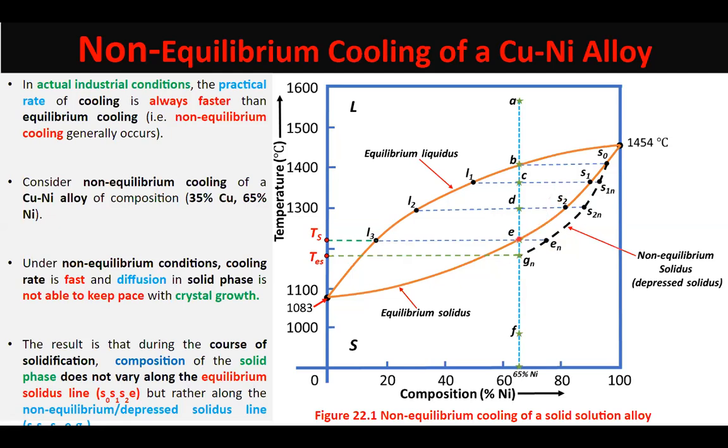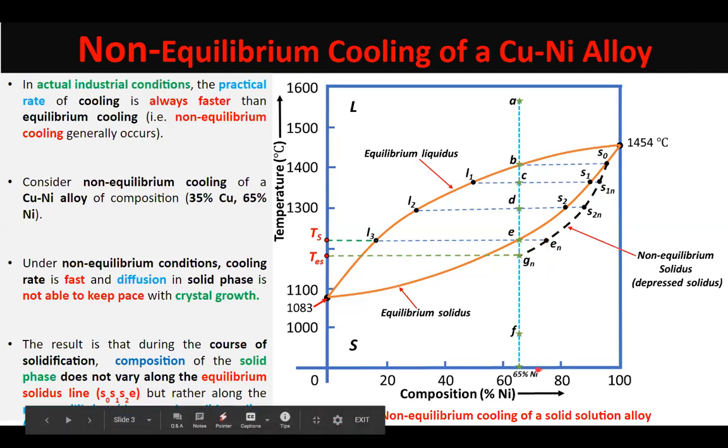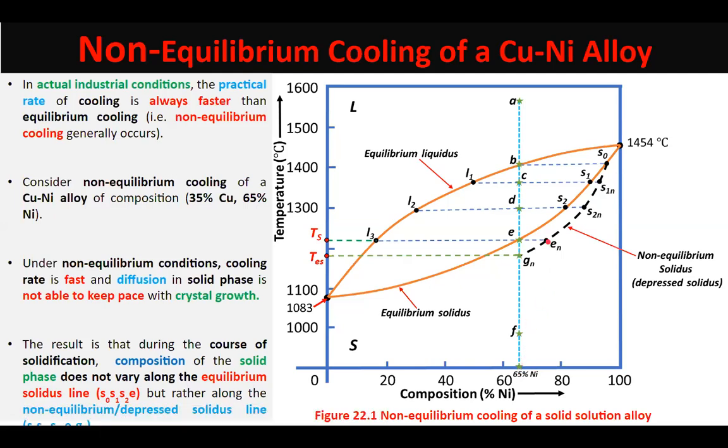But now when you are doing non-equilibrium cooling, what is the chemical composition of your solid phase? It's given by point En, and since point En is not the alloy composition, we are here, we had to be here, that means that further cooling is required for solidification to be complete.